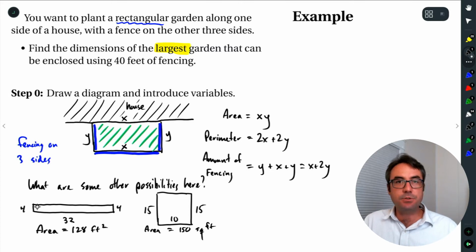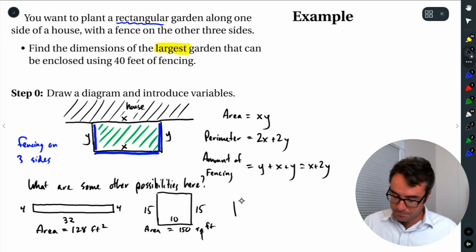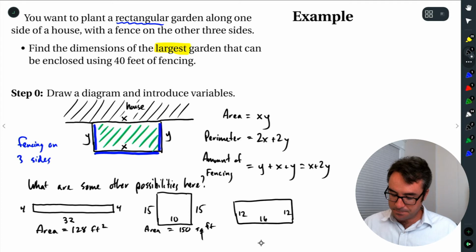But if you're keeping track, this first configuration takes 40 feet of fencing. The second one here, 15 plus 15 plus 10, takes 40 feet of fencing. Maybe one more. Maybe something that's like 12 feet by 16 feet.